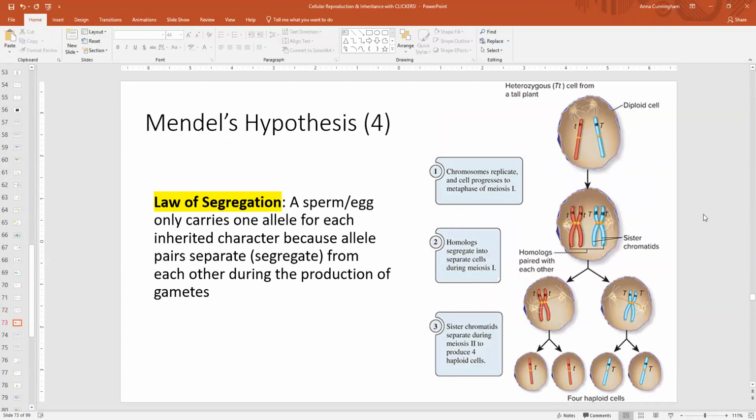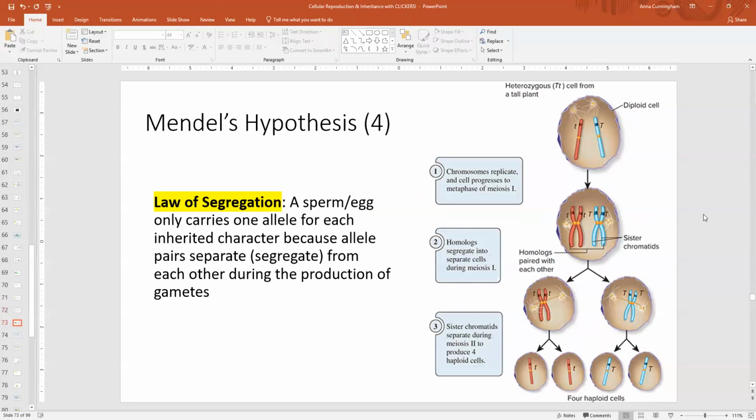in how these traits are inherited. And the fourth hypothesis, I think I talked about it when we talked about the law of independent assortment, actually, is what's called the law of segregation.